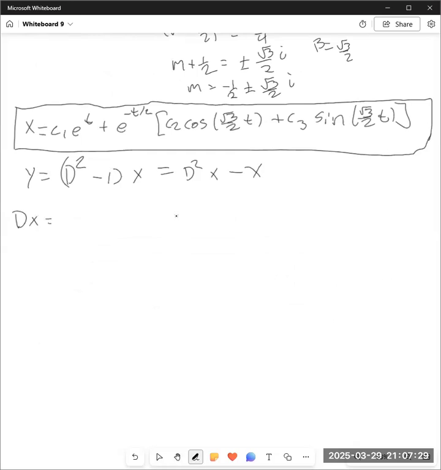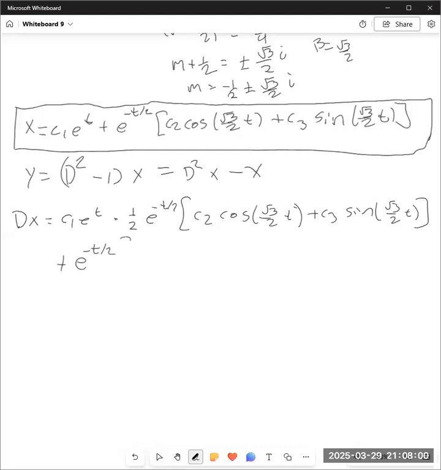Dx is equal to c1 e to the t, and then take the derivative of the first part, leaving the second part alone. Plus, leave the first part alone, take the derivative of the second part.